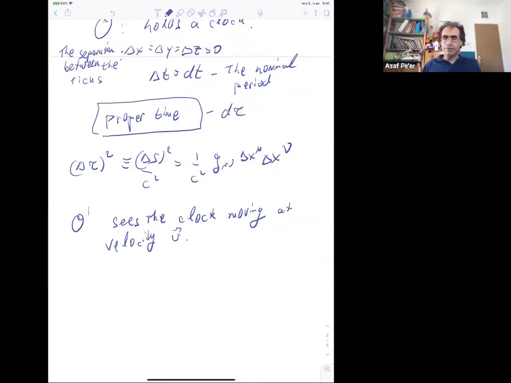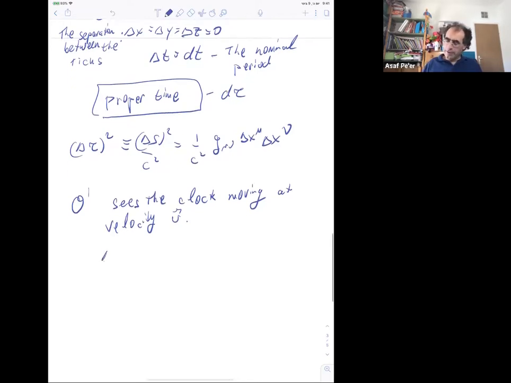According to O prime, the two ticks are separated by delta t prime, but the space interval is also separated by delta x prime, which is just v delta t prime. This is the separation between two ticks.